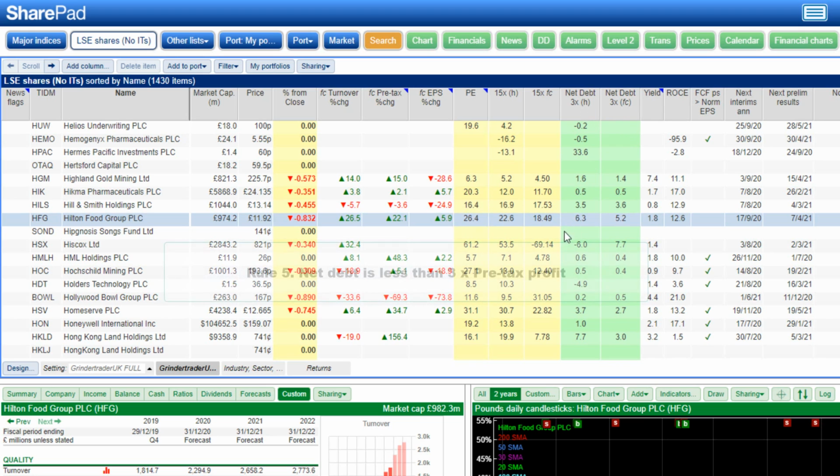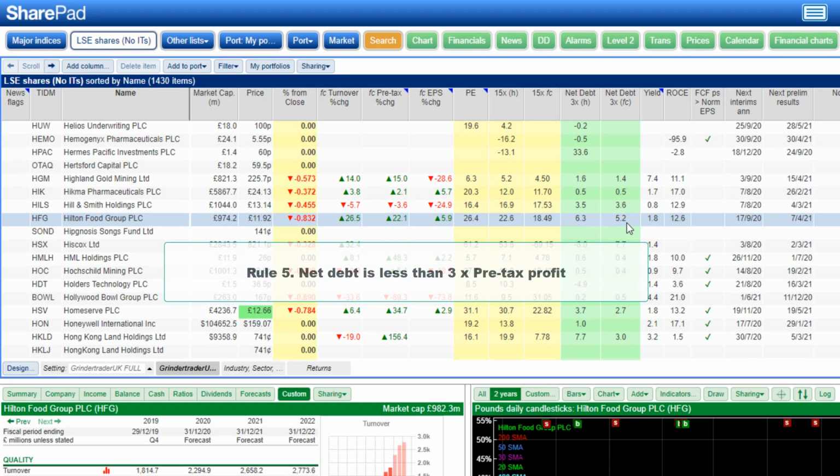Again, here's the net debt. This is our sort of quality ratios coming up here. Remember one of the rules, the net debt has got to be less than 3 times the pre-tax profit. And this is my rule of thumb to make sure that we're not investing in a company that's highly indebted, because highly indebted companies can go bust.